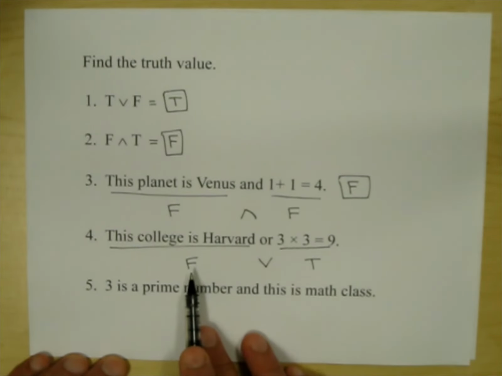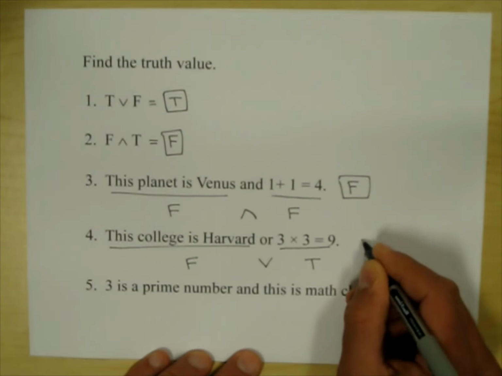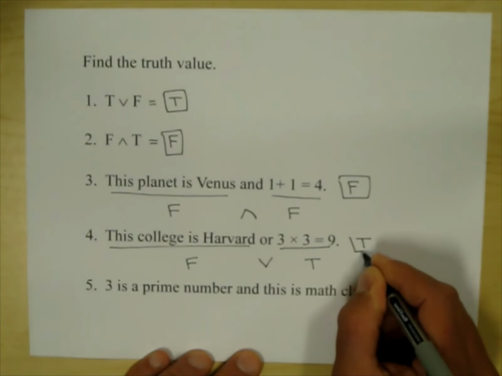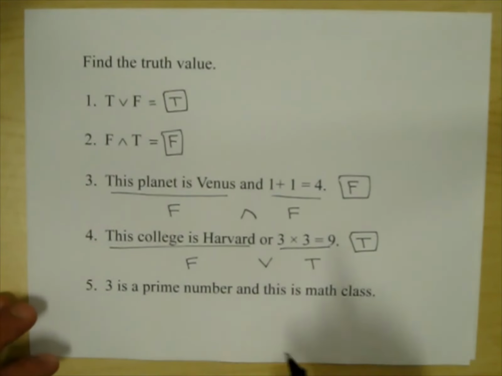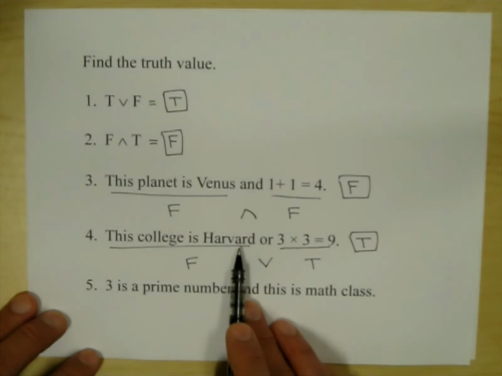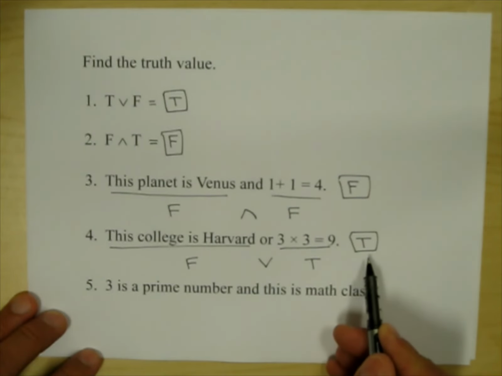The definition of false or true happens to be, well, or's not as strict. It is true. So that's a statement that's true. You can go up to somebody and say, this college is Harvard, or 3 times 3 equals 9. That is a true statement. Now, why you would say that to somebody, I mean, you're not going to have many friends, but that one is a true statement.